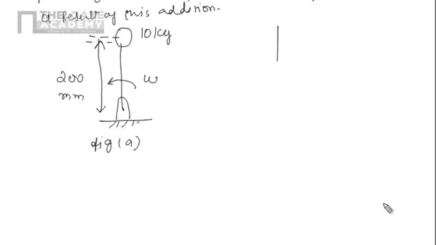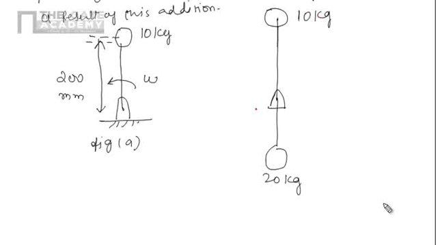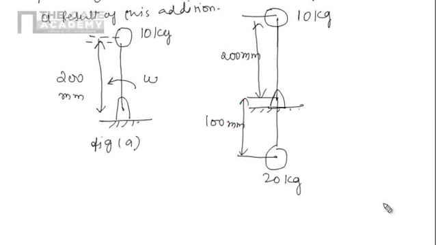In figure B, we are attaching a counterweight of 20 kg. This one is the previous 10 kg. This is the hinge, and these distances are given. This is 200 mm, and this one is 100 mm. Now we have to find the mass moment of inertia, that is, the percentage increase in mass moment of inertia.